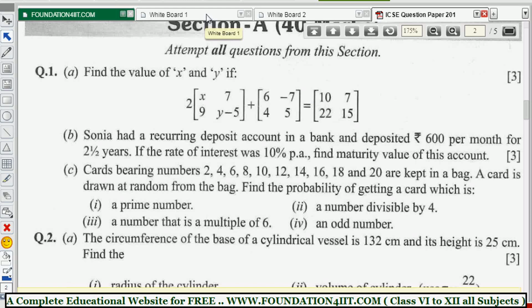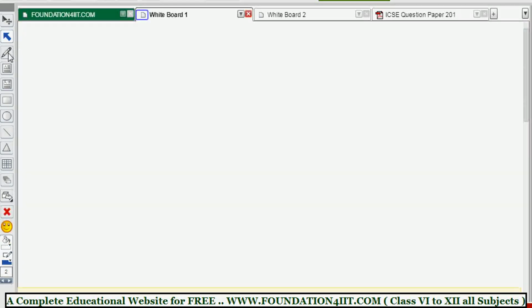So I'll use the whiteboard. It's okay. So the given question is question number 1A. From the given data, directly we take 2 into, this is from matrix, x 7, 9, y minus 5, close the bracket, and plus 6 minus 7, 4, 5.